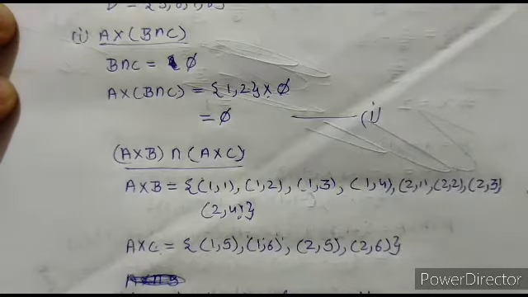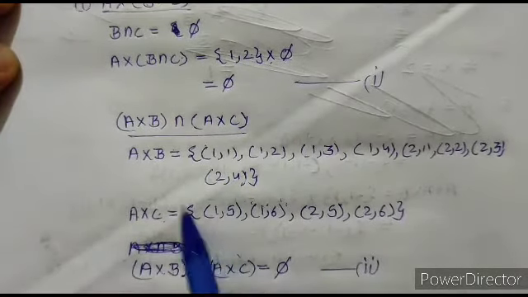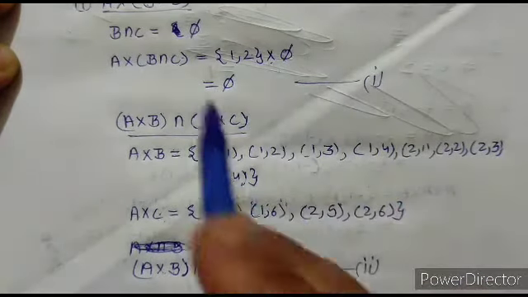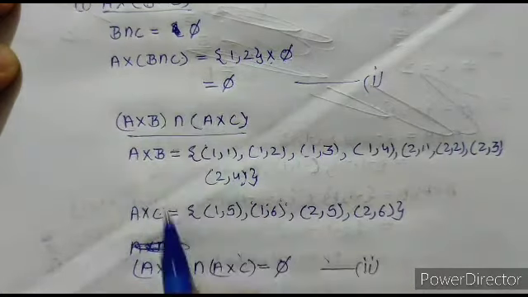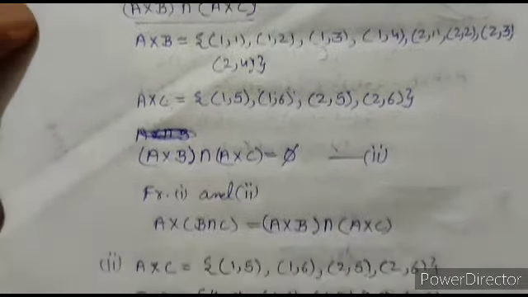So we can say that (A cross B) intersection (A cross C) is equal to the null set. Now from the first and second, A cross (B intersection C) is equal to (A cross B) intersection (A cross C).